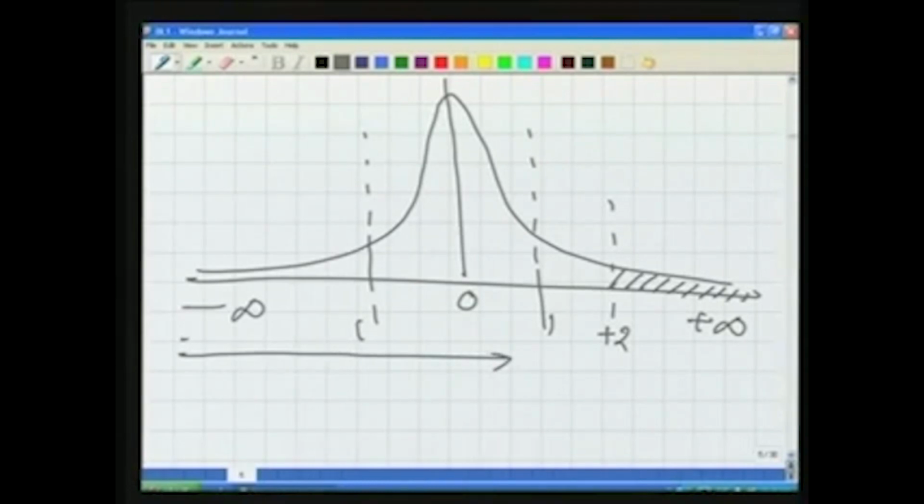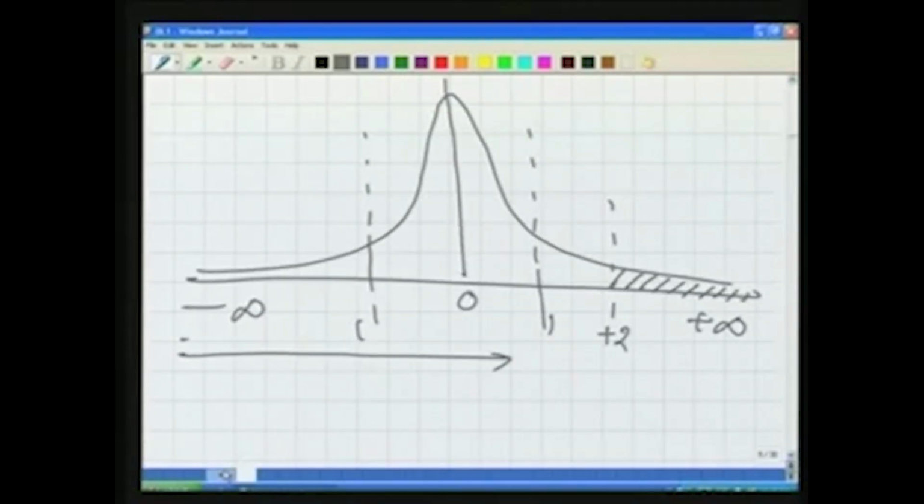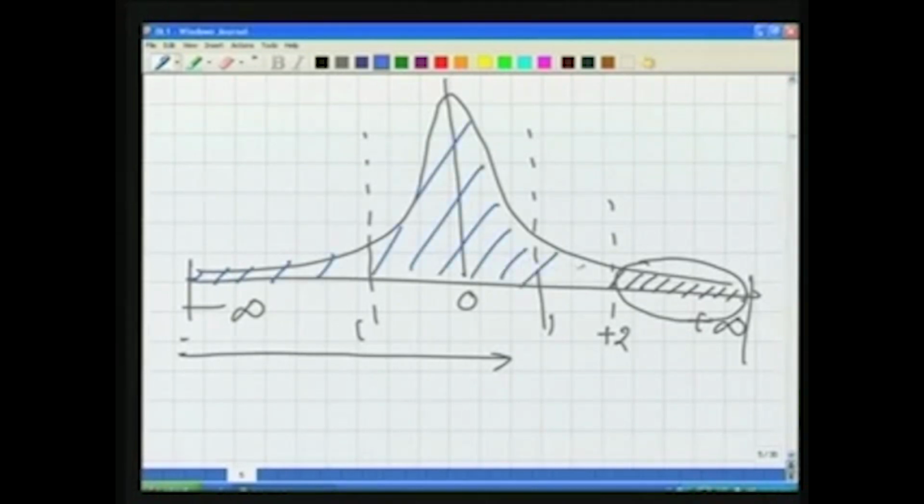So, how to find it? This area is the same as the total area, which is 1, minus this white area here. If I do blue lines, shaded by blue color, then 1 minus the area shaded by blue color.